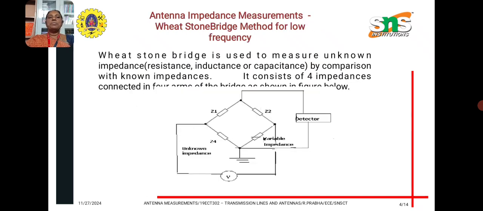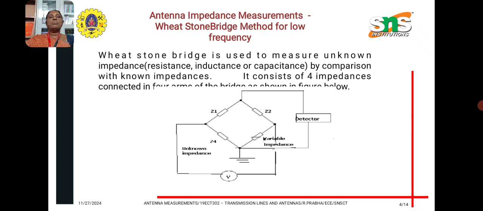So we will see the first method of impedance measurement for low frequency, that is below 30 megahertz. In this case, we use a bridge called the Wheatstone bridge, which is shown in the diagram. The Wheatstone bridge is used for measuring an unknown impedance. It may be resistance, inductance or capacitance, by comparing with a known impedance.